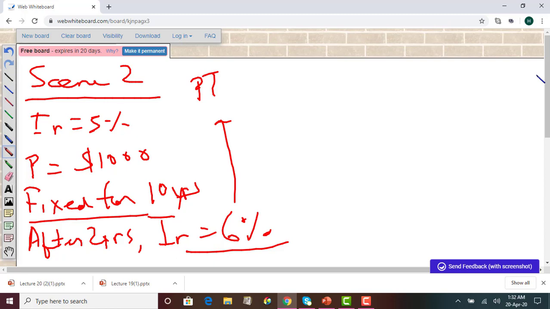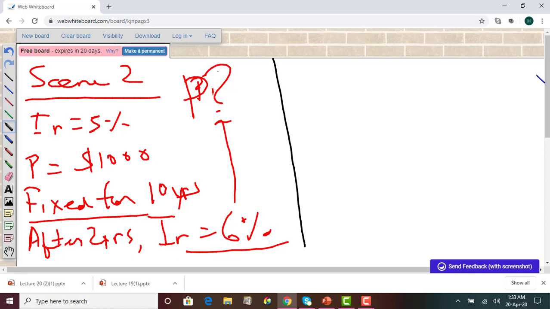So what will be the price of the bond after 2 years? Based on the relationship between price and interest rate, we know they have a negative relationship. So now that the interest rate has gone up, most likely the price will be less than $1,000. It will probably go down. But let's do the calculation and see if it's actually true.